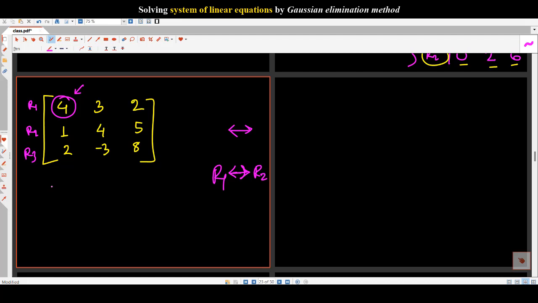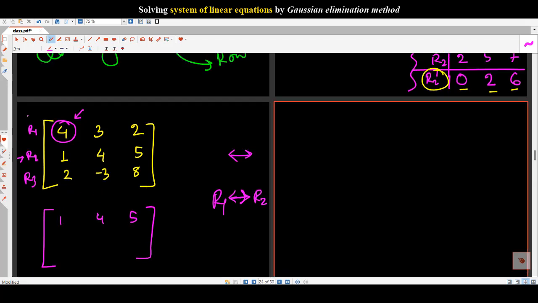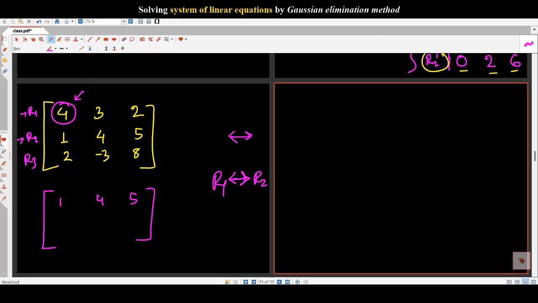So R1 and R2 are interchanged. That is, R2 values will be R1 and R1 entries will be in the position of R2. So see, we have found 1. So 2, -3, 8, that is R3. R3 is same as before, no problem. But we have interchanged R1 and R2 just to get 1 here.